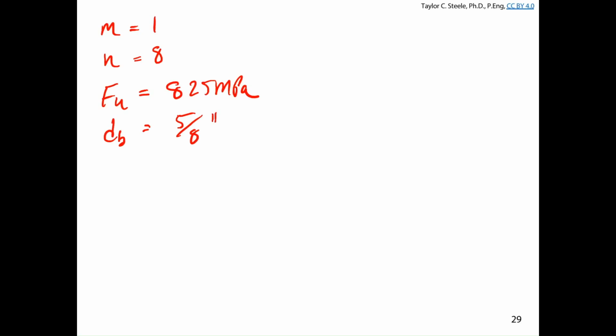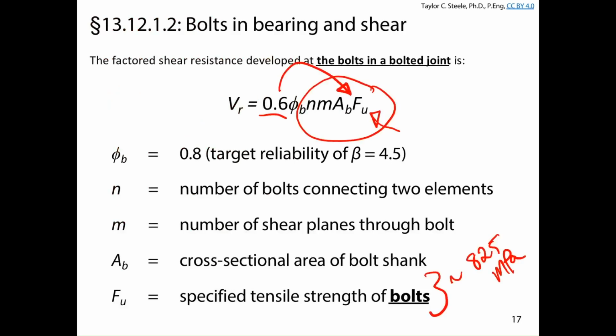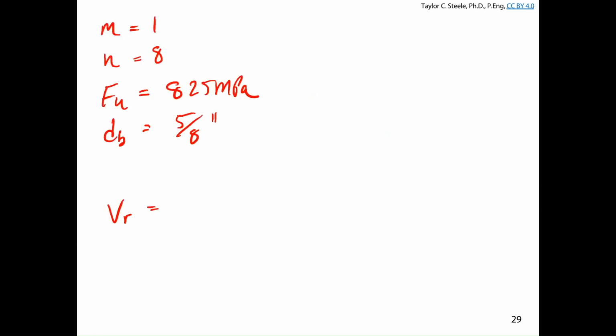And the threads are not intercepted, so we're not going to be applying that reduction factor. So if we want to know the strength of the bolts, we can come back to slide 17 here, and we see it's 0.6 φb N m Ab times FU. So we can put that together, 0.6 φb N m Ab FU. That's 0.6 times 0.8.